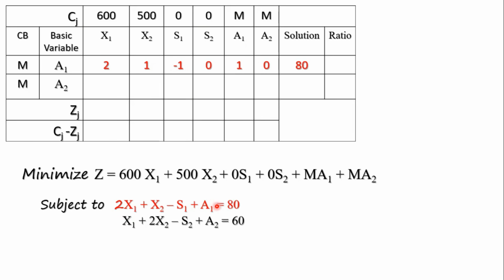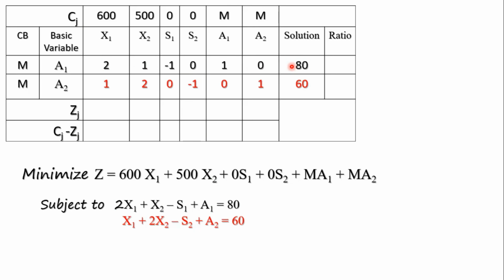For the first constraint, x1 coefficient is 2, x2 is 1, s1 is minus 1, s2 is 0, a1 is 1 and a2 is 0. For the second constraint, we have x1 as 1, x2 as 2, s1 as 0, s2 as minus 1, a1 as 0, a2 as 1, and solution is 60.